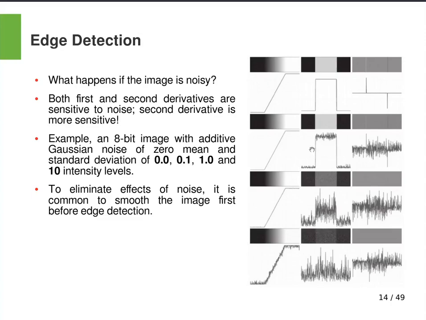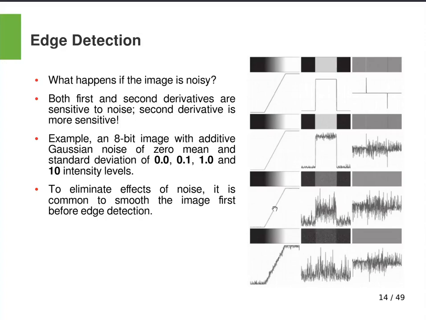As you see here, this is the result of calculating the first order derivative for this noisy ramp edge, and the amount of noise in the first order derivative is definitely more visible than the original image. As for the second order derivative, it is more sensitive to noise. As you can see, the two original spikes are hardly visible here.